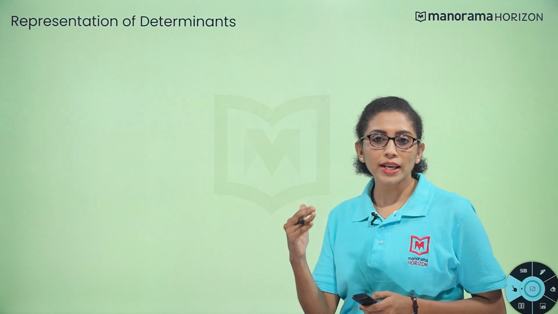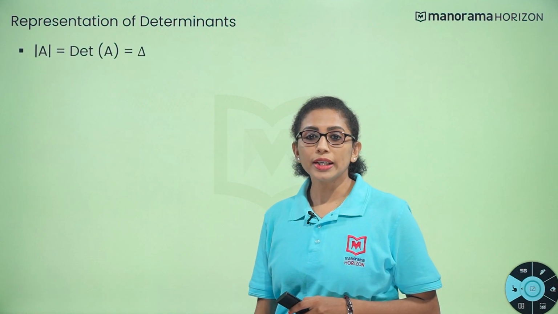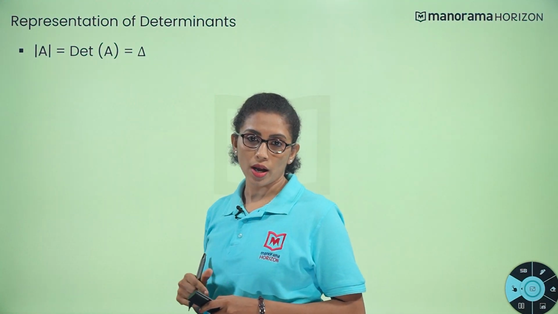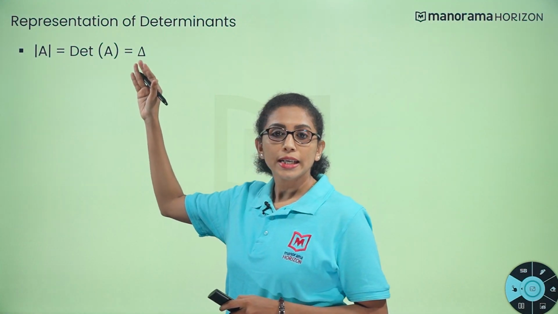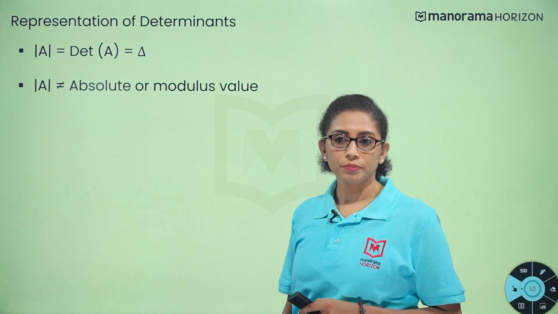Now, how to write the determinant of a matrix A? It is written like this: A between two vertical bars, and it is denoted by determinant of A or the triangular symbol.